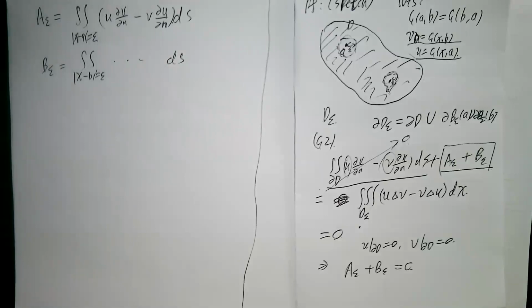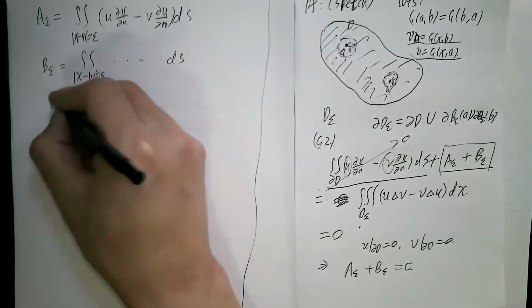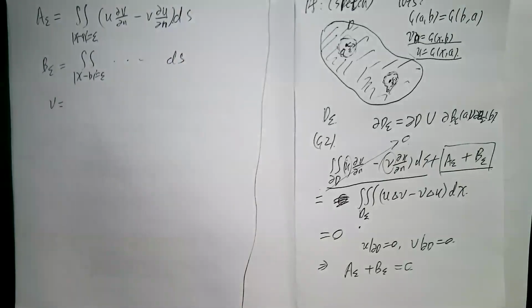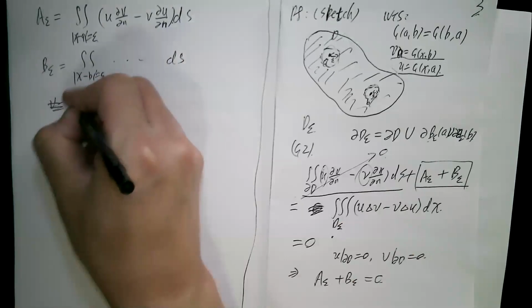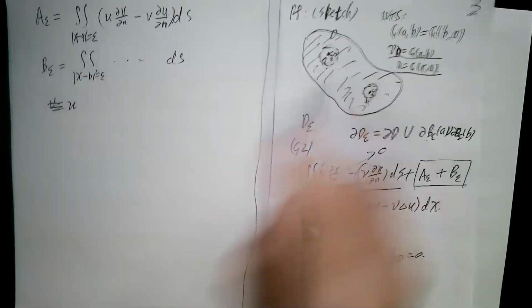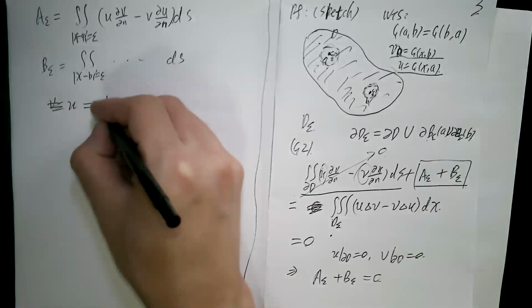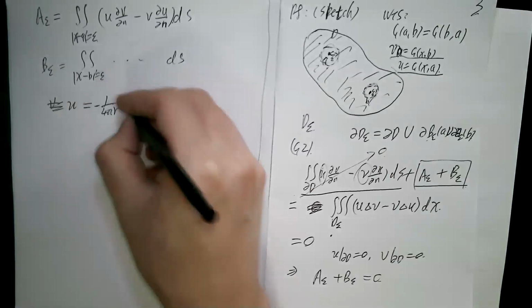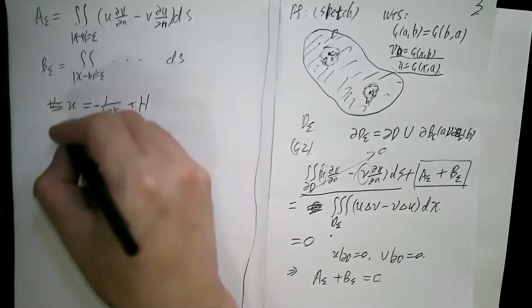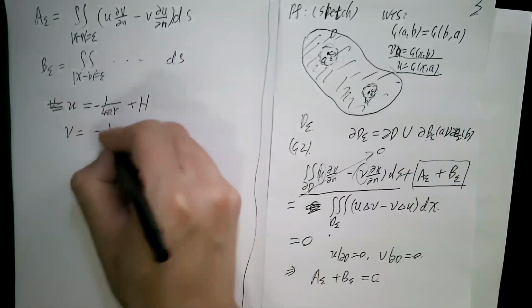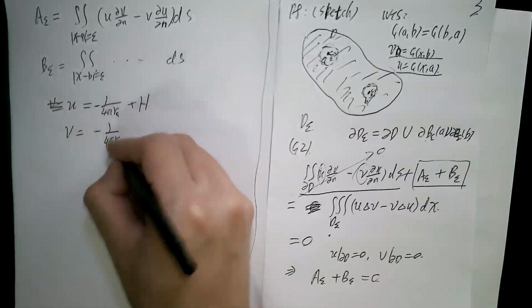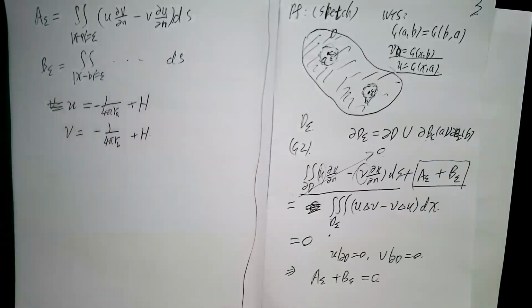And then you can argue just like what we did before. If you argue just like before, you'll find that u near this a can be written as something like minus 1 over 4 pi r plus some good function, and v near this b can be written as 1 over 4 pi r, with Ra, Rb, plus h. h is a smooth function, okay?